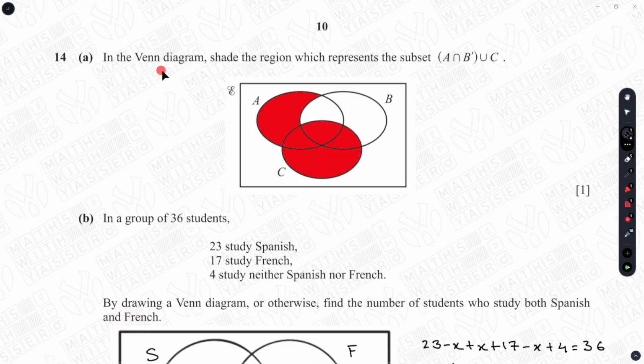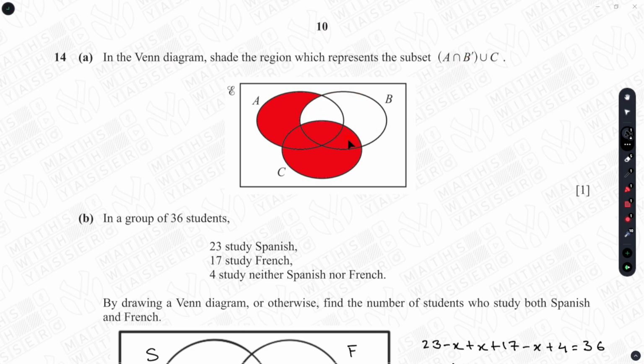Question number 14. In the Venn diagram, shade the region which represents the subset A intersection B prime, B complement within brackets, union C. So first let's look into B complement.